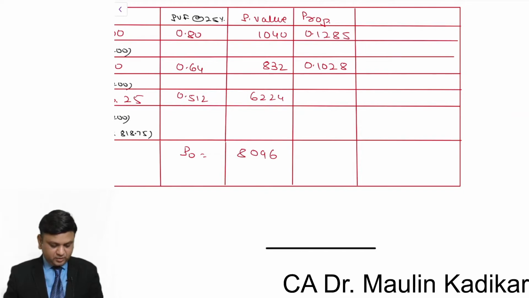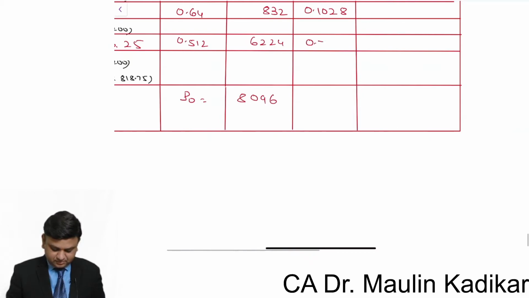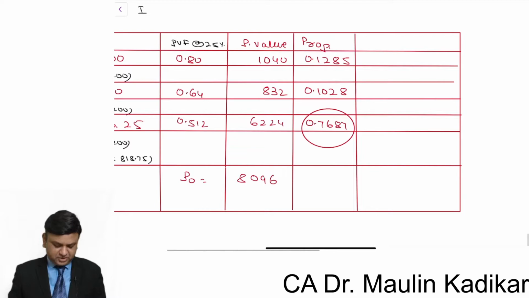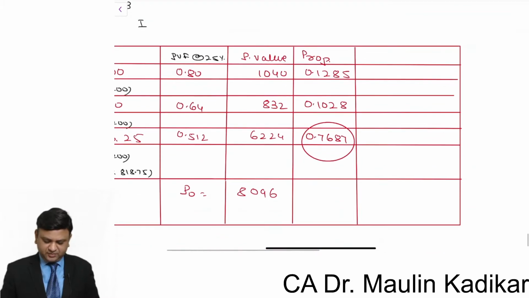So 0.1285 plus 0.1028, total of that is 0.2313. It is subtracted from 1, so 0.7687. That is supposed to be computed as a balancing figure, and at the same time we will have a small cross verification. 6224 divided by 8096, that comes to 0.7687, so hardly any difference is there.